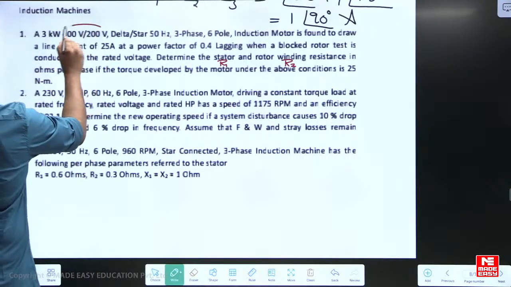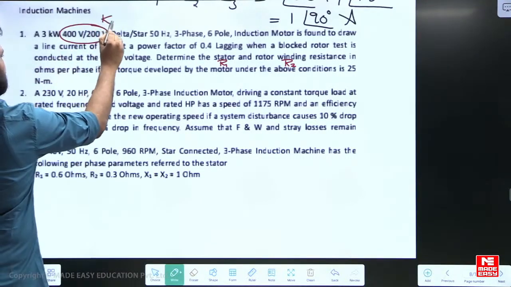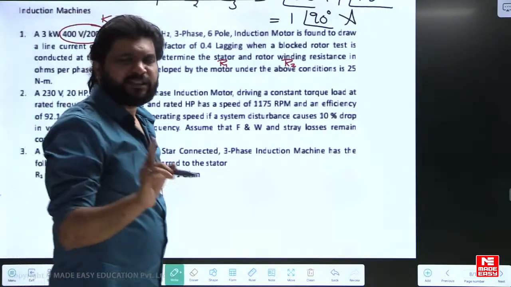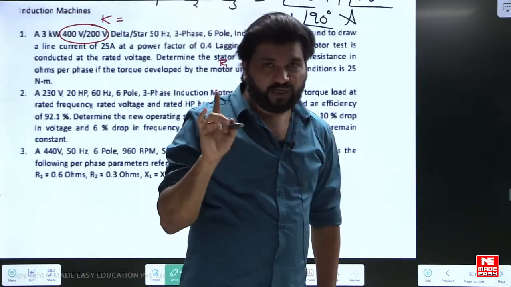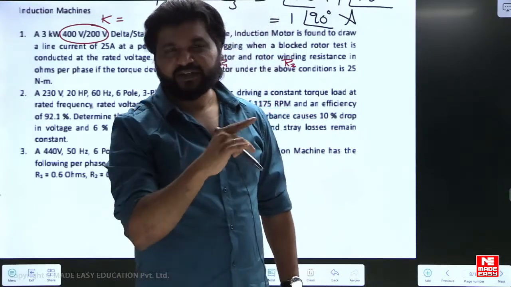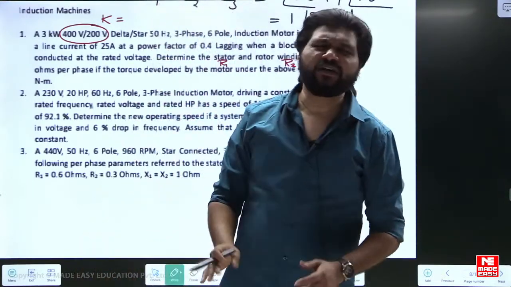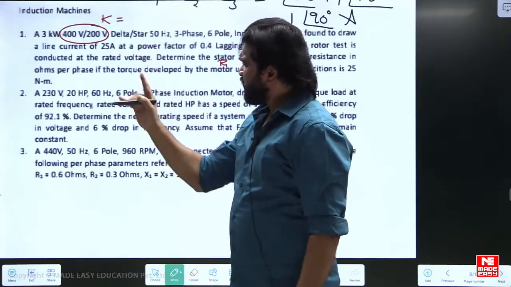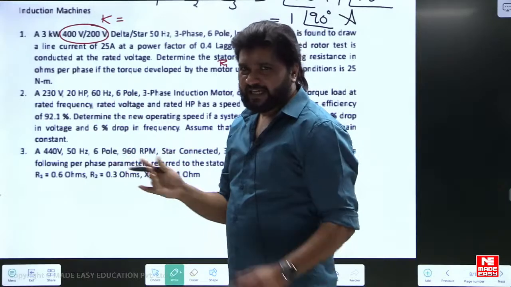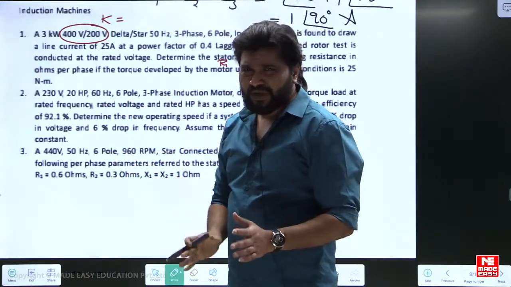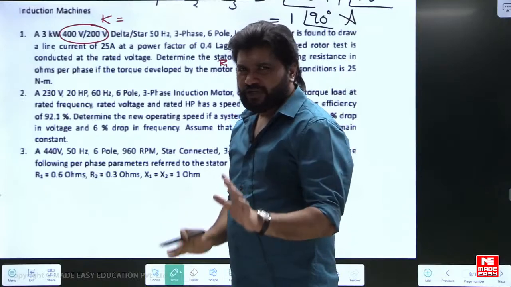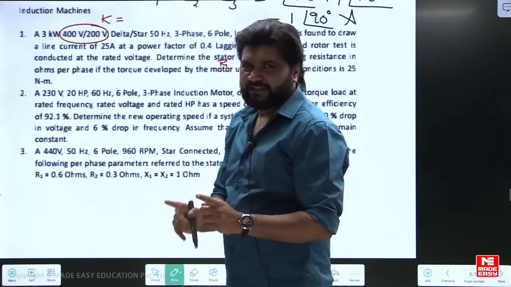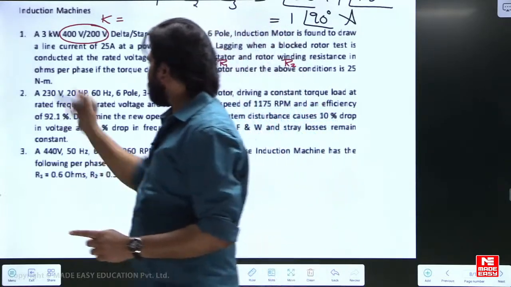Here K is given. You know already K must be specified per phase only. You know this already from when we discussed transformers. Same logic will be extended here also. Because it is delta star, stator is in delta, rotor is in star. According to the context of the question, because it is delta, line and phase are both the same.